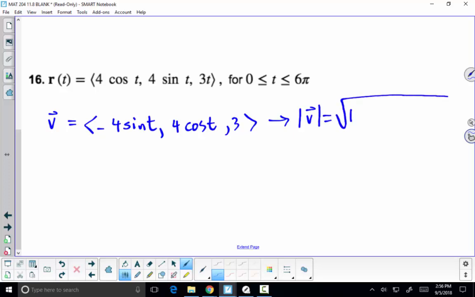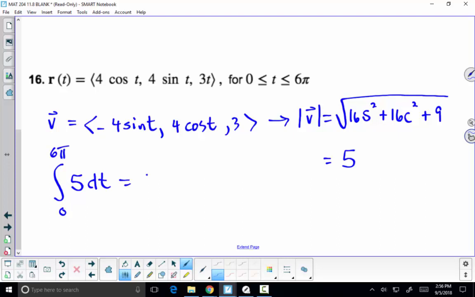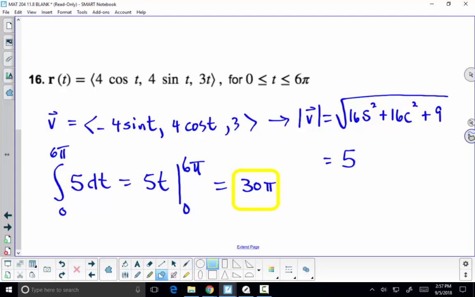So that's going to be the square root of 16 sine squared plus 16 cosine squared plus 9, which is all going to be equal to 5. Now we're going to integrate a speed of 5 on the interval from 0 to 6 pi. So we get 30 pi for that one.